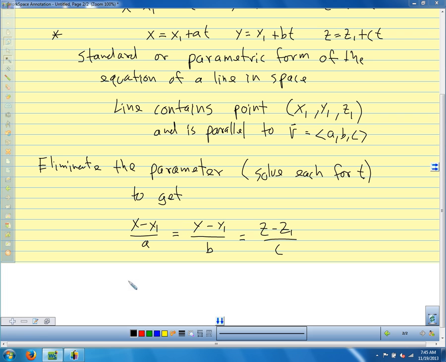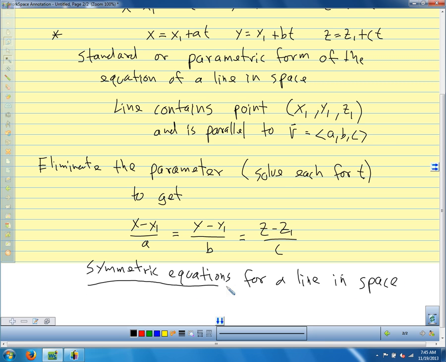And these are our symmetric equations. And from our symmetric equations, we get our point on our line, x1, y1, z1, and our direction numbers are the denominators of these fractions.